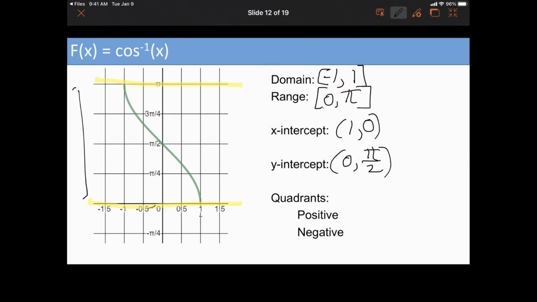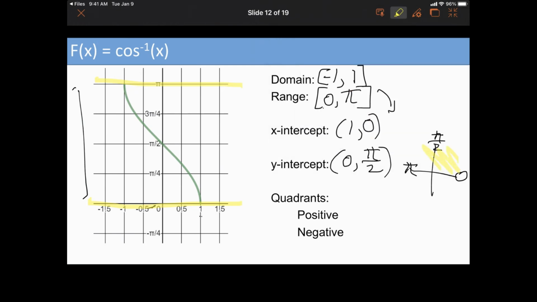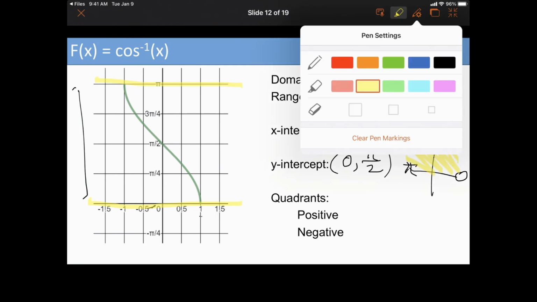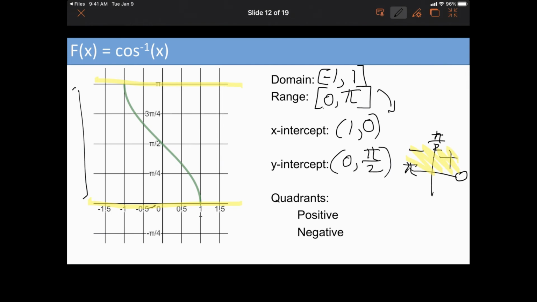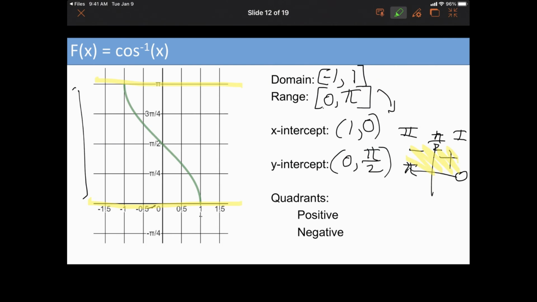So if we look over here, 0 to pi on the unit circle, pi over 2 is here. So cosine is positive in the first quadrant. So it's positive here and negative here. First, second. That's there, right there.